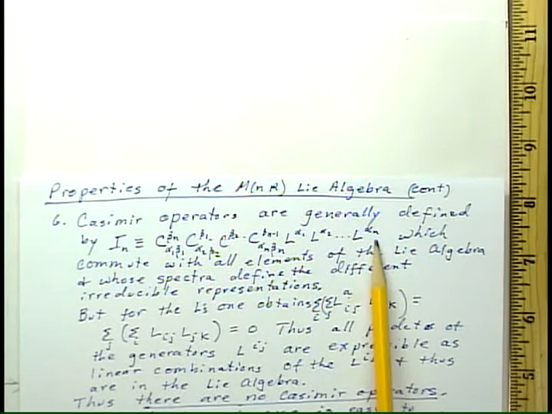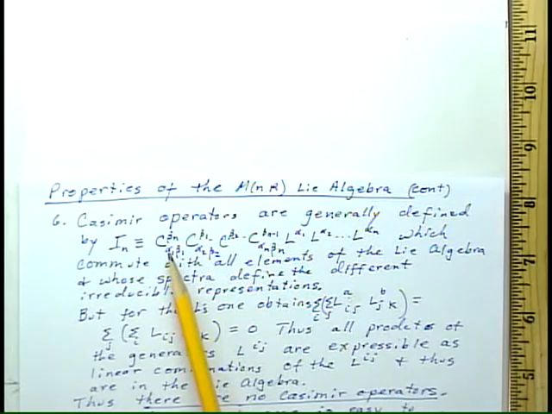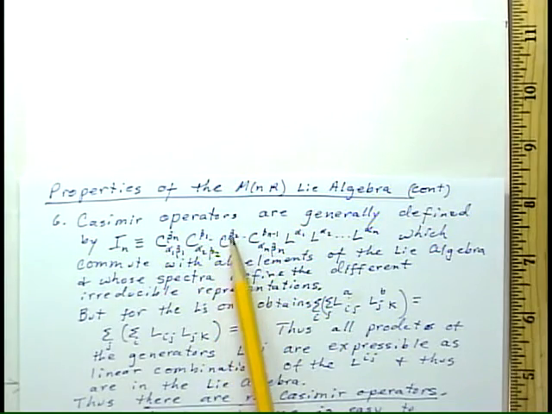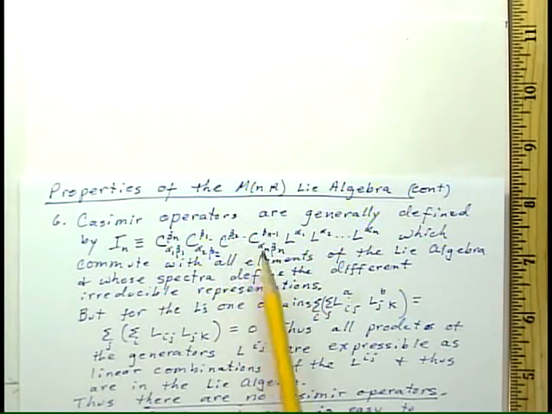You will recall that J squared is Jx squared plus Jy squared plus Jz squared. The way that we form this invariant is we take the summation over this index, beta 1, with this beta 1 here, this beta 2 with this beta 2 here, until we have here a C with a beta n minus 1, and it contracts with beta n minus 1 up here.